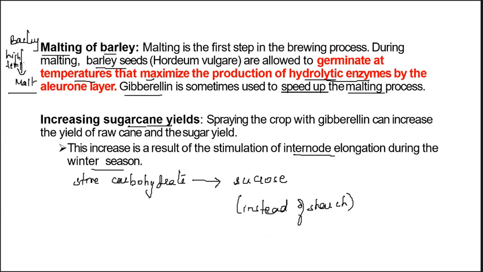So this sucrose is a sugar. Another important plant which stores carbohydrate in the sugar form is beetroot. Beetroot also stores the carbohydrate in the form of sugar or sucrose.